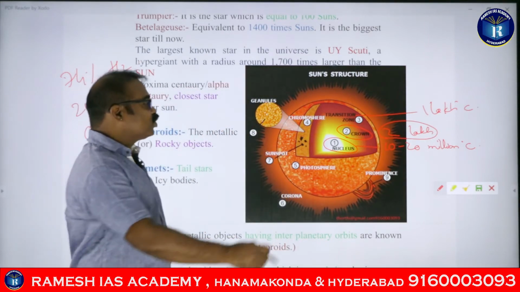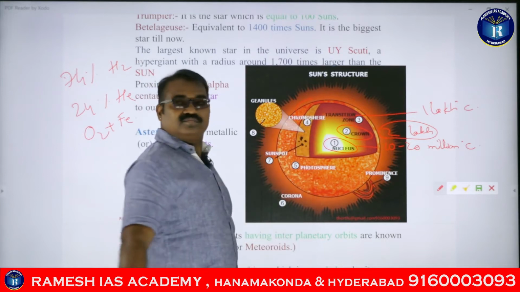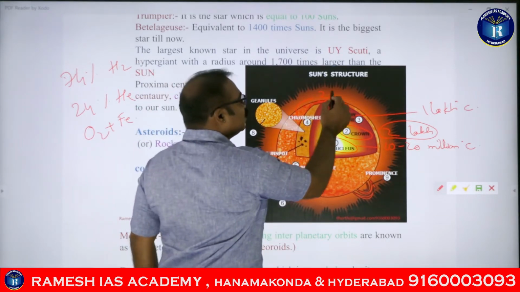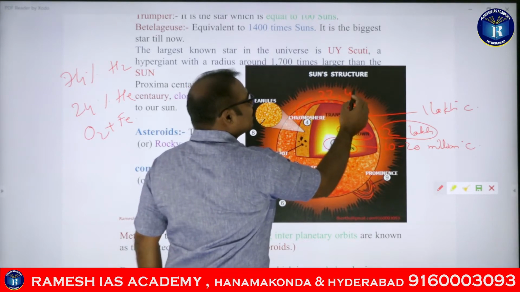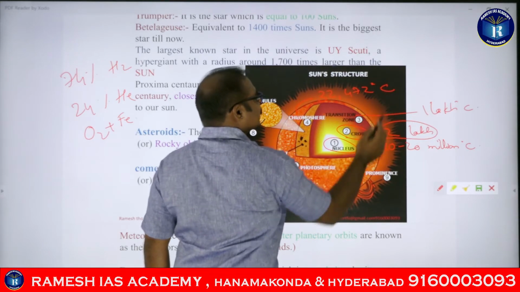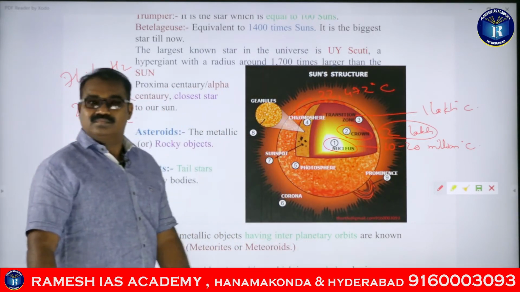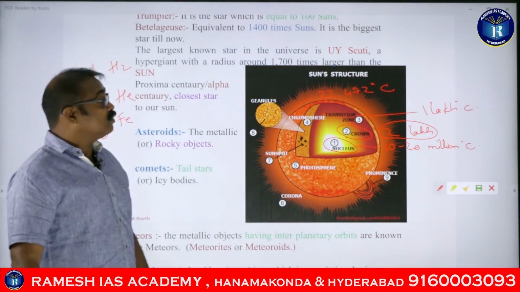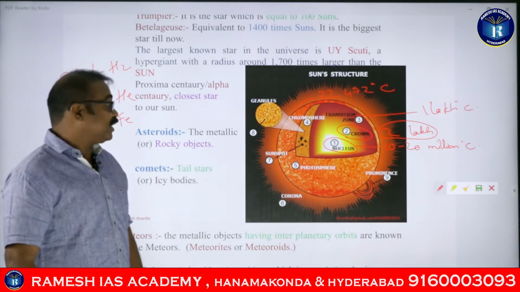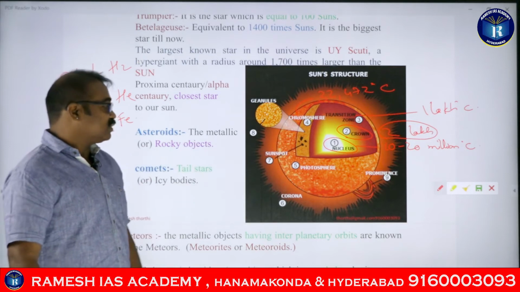Then the fourth sphere is called the chromosphere, and its temperature is 32,472 degrees centigrade, guys.